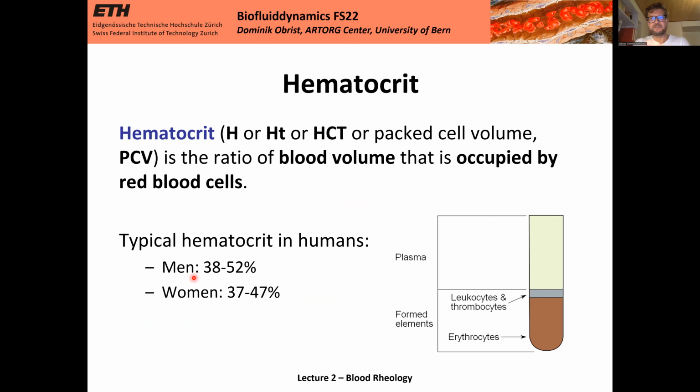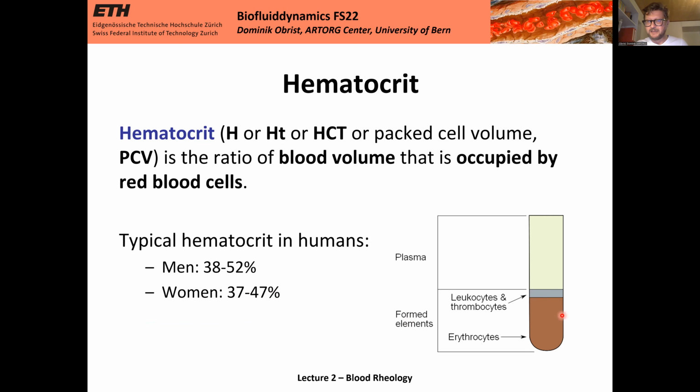It may be important to understand it's not the ratio by weight, it is by volume. So typically hematocrit in men is slightly higher than in women, but it's somewhere around, say, 45% in most humans. It can be lower or higher, depending on the individual.